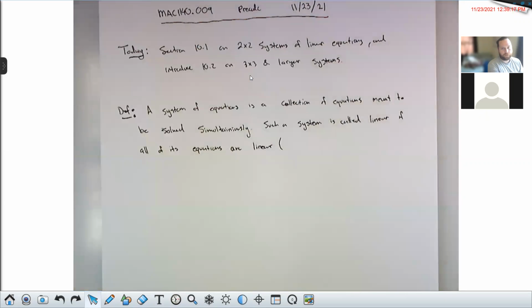What it means for an equation with multiple variables to be linear is that the variables only occur upstairs, never downstairs in a fraction, only ever occur to the power of 1, never squared or cubed, never under a square root, never in an exponent.